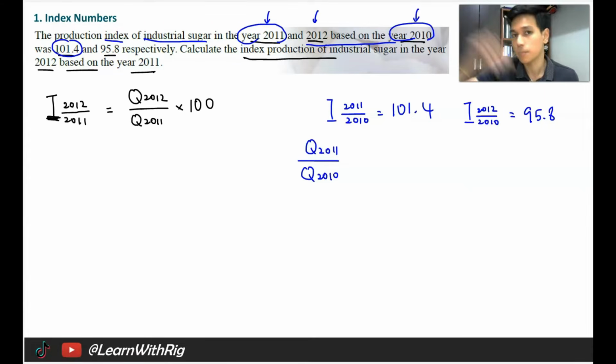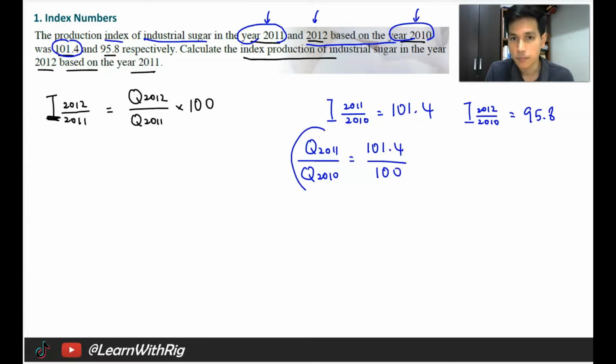But the times 100, I'm going to bring to the opposite side. So when I bring it to the opposite side, it's going to become 101.4 divided by 100. Okay? I want to leave it in this form. Why? Later you see why. Now, you're going to do the same thing for this. So what's the formula for index?